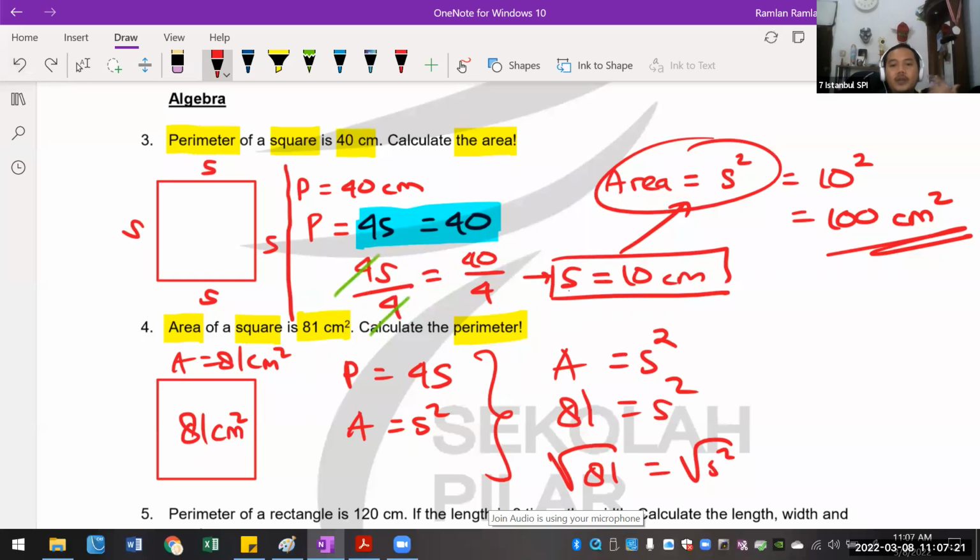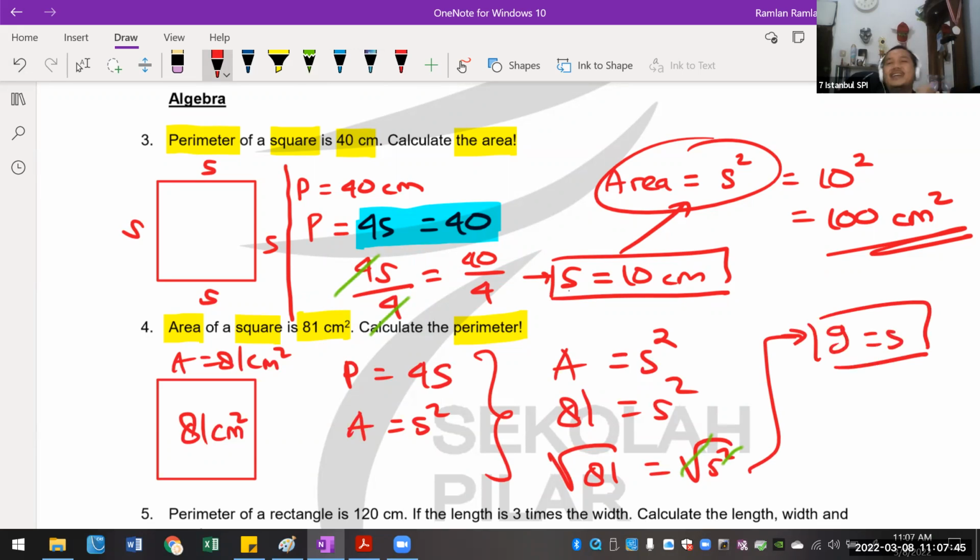For this one, you are going to cancel the square. How do we remove a square? We apply a square root. Square and square root cancel each other out, so only S is left. Then we write it here. I'm going to write S on the left side, same thing. Square root of 81, what is the root of 81? 9, right? So 9 equals S. There it is, I got S.